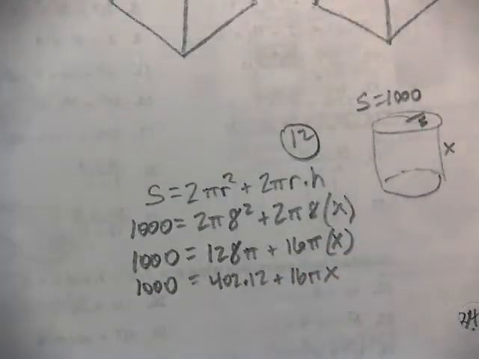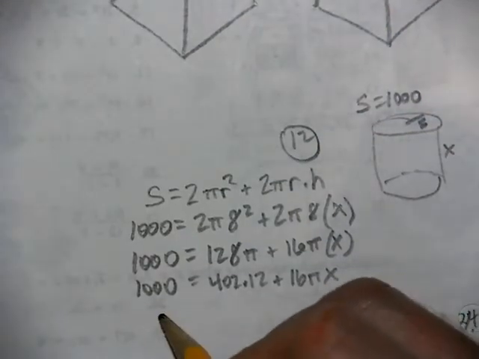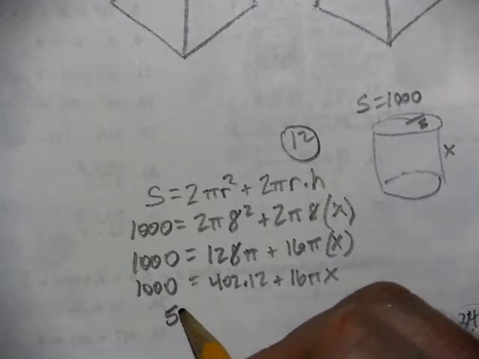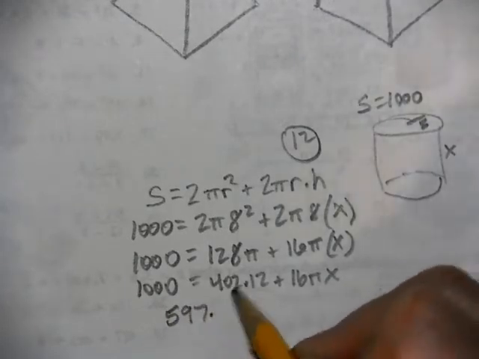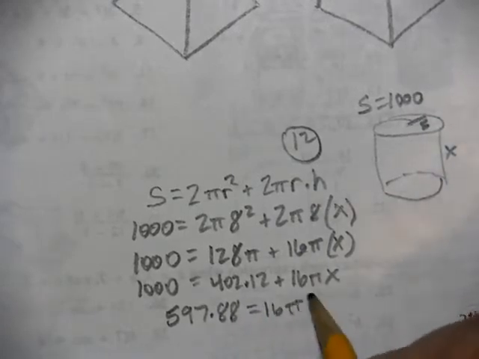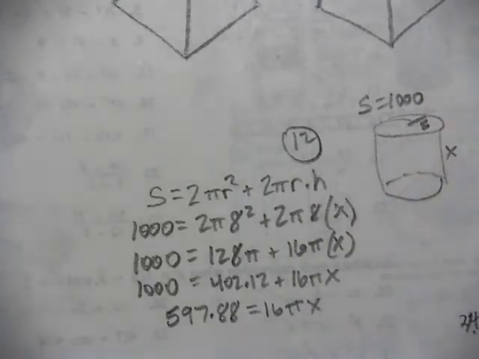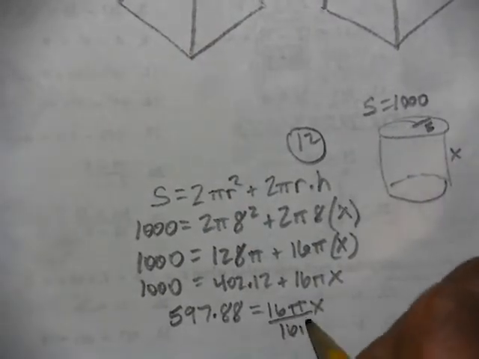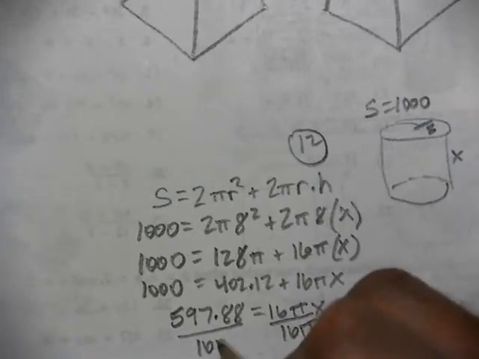So take that and subtract that from 1,000, and we'll get our 597.88 equals 16 pi x. Now we're going to divide both sides by 16 pi.